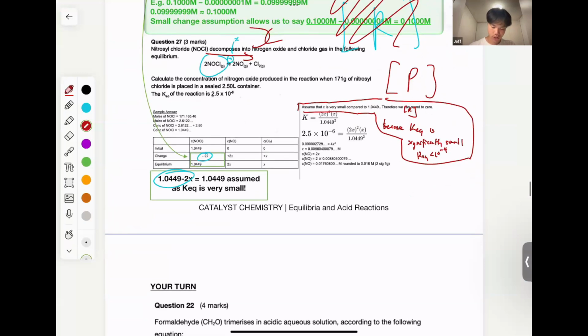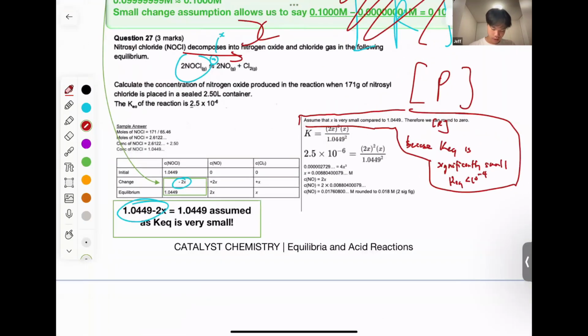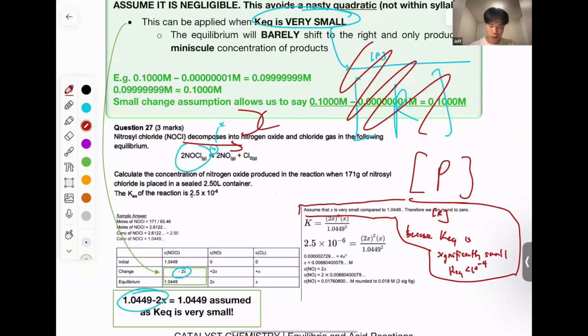So then going back to the question type, the question stem will give you the initial concentrations. It won't give you any equilibrium concentrations, but it will give you the K. When you take the initial concentrations, you put them into your icebox, and then you suppose the changes occur in terms of X. And these will occur in stoichiometric ratio.